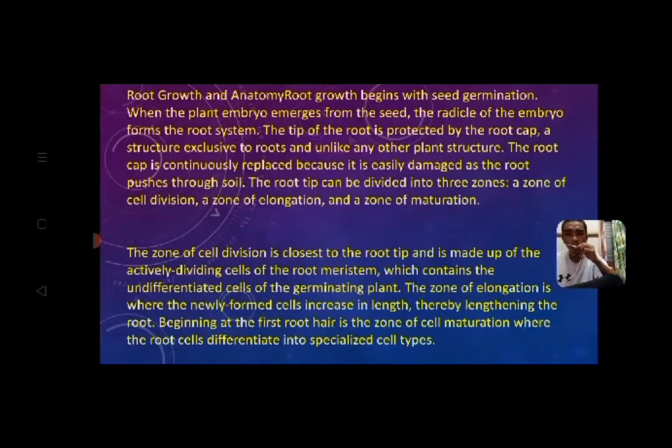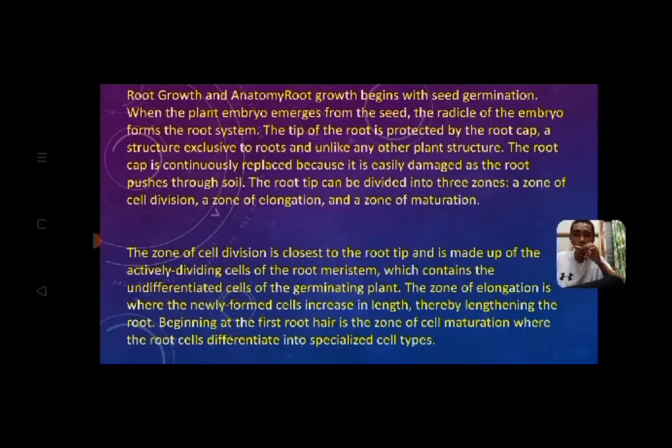The root tip can be divided into three zones: a zone of cell division, a zone of elongation, and a zone of maturation. So the zone of cell division is closest to the root tip and is made up of the actively dividing cells from the root meristem, which contains the undifferentiated cells of the germinating plant.